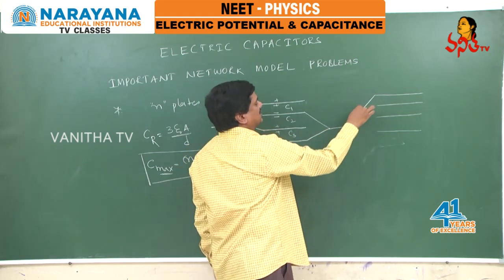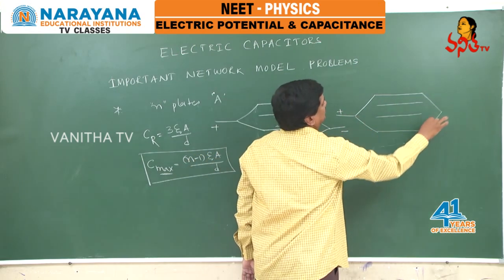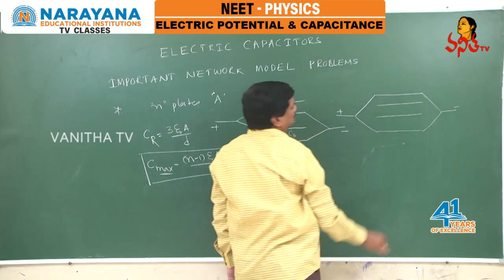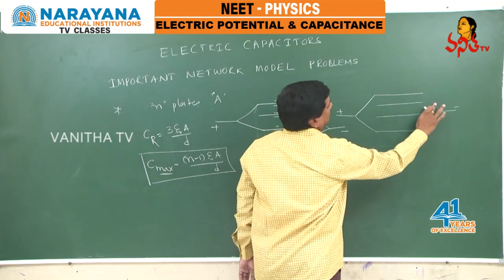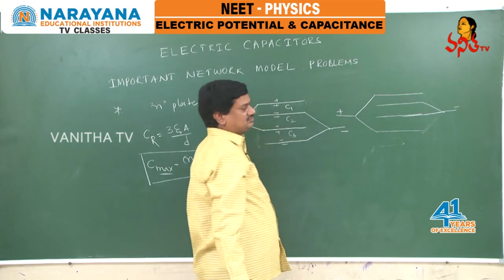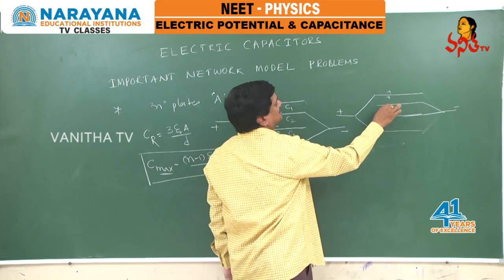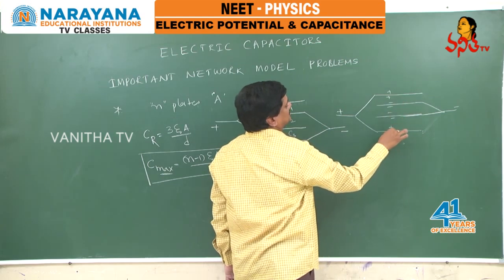Imagine they are connected like this. This is connected to the positive terminal and this is connected to the negative terminal. The remaining two are connected to the negative terminal. Positive means on either side you can write plus, and negative means on the other side you write minus, and this is plus and this is plus.